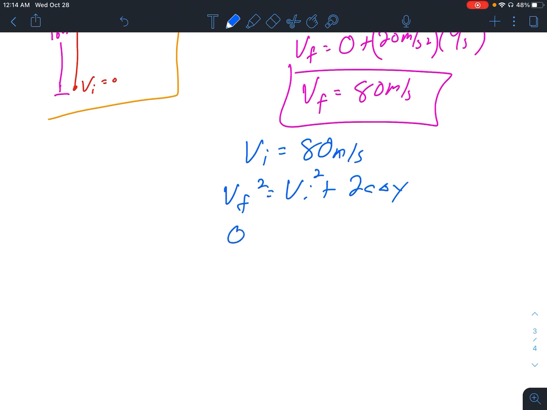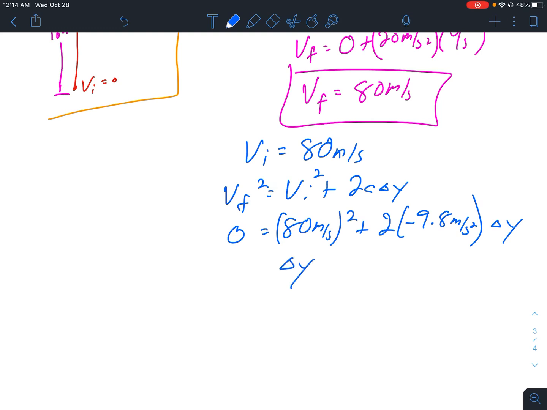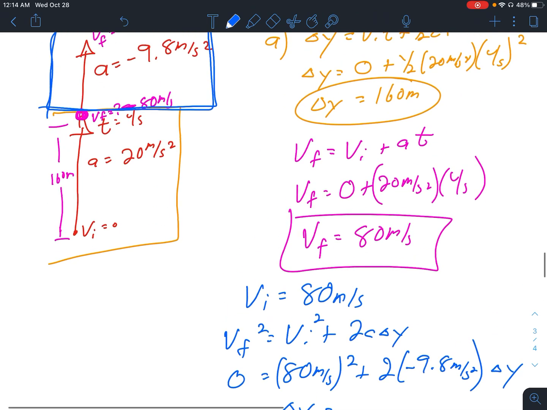So we can plug in everything that we know. Making sure we put negative 9.8 meters per second squared because we're slowing down, because the force is down and we're going up. And we plug that in. And I'm just going to put the subscript 2 to show that that's my second stage.